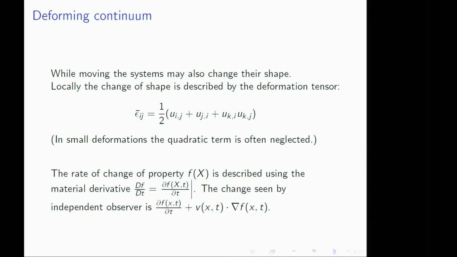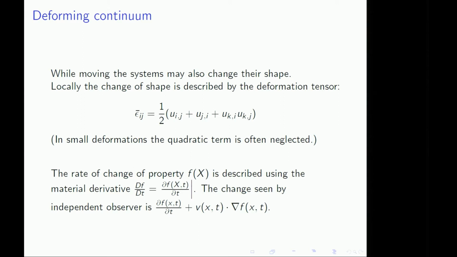So we will see a perceived change where part of the change is due to observing different particles at different times, and these different particles have different properties. So the value of f is different in different points, and that difference is perceived as a change.